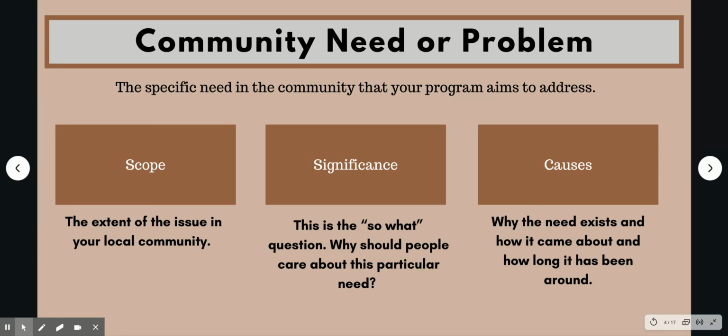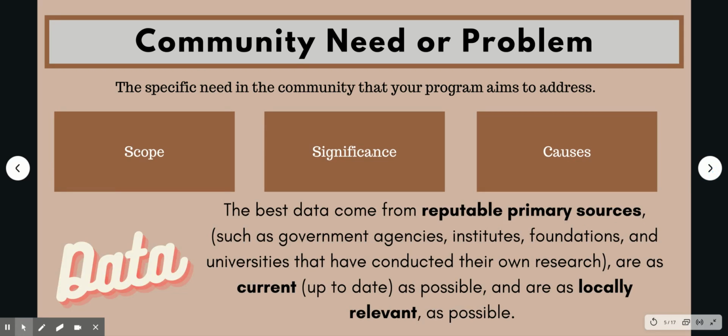You will need to show these three things using data. So, the best data comes from reputable primary sources.